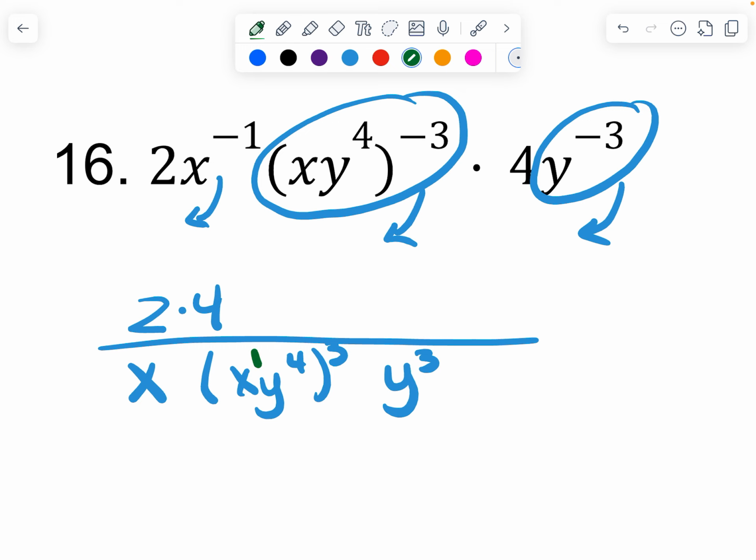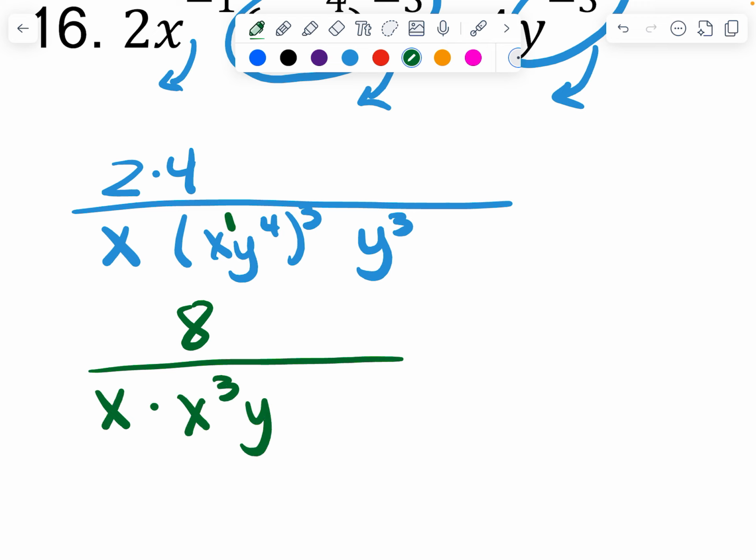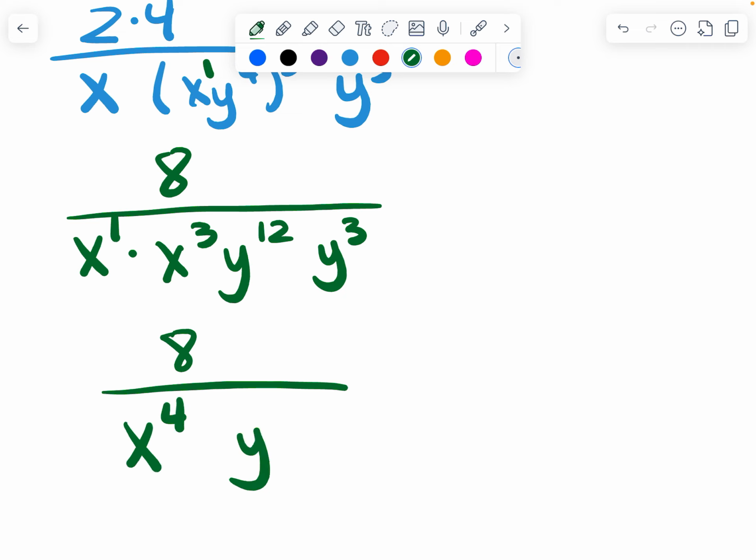Okay, remember there's a 1 there. So I get 8 over x, then I add x to the third, y to the 12th, y to the third. Can't do anything with coefficients, that just stays there. Add my exponents, remembering there's a little 1 there. Add my exponents, x to the fourth, y to the 15th.